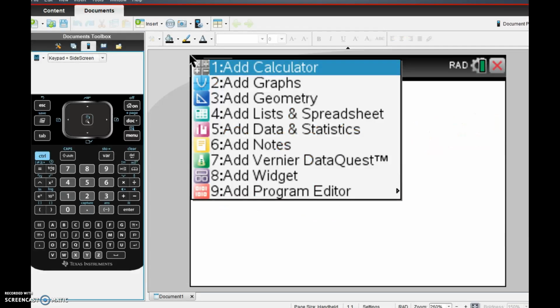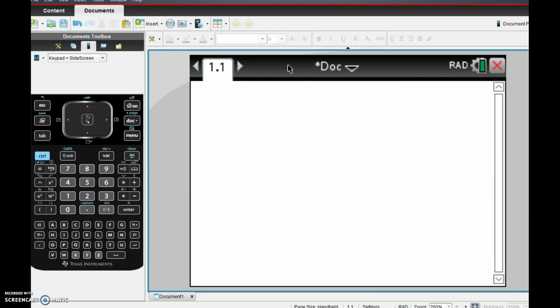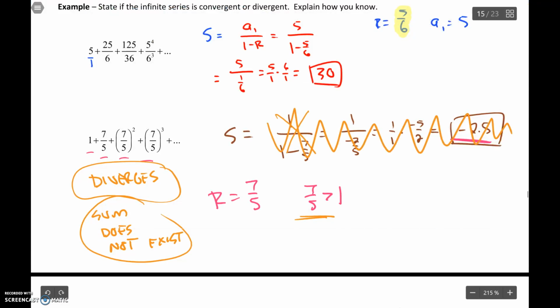Okay. I'm going to show you one way that you can sometimes use your calculator to find an infinite sum, which is to write this as a summation. Well, this is a geometric series. Remember, the nth term is a sub n equals a1 times your R to the n minus 1 power. So this would be 5 times 5/6 to the n minus 1 power. And if we add these up from 1 to infinity, that is this sum.